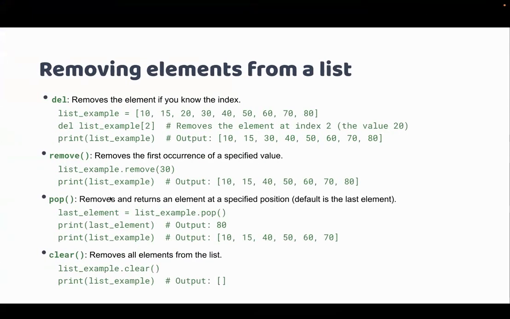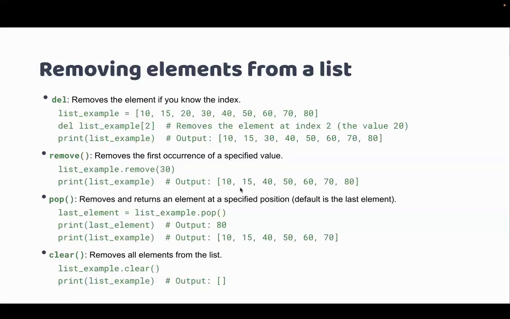And the other way is if we want to remove and return the element. So the pop method is actually used for removing an element, and at the same time, if you want to retrieve the element or save the element to some space.